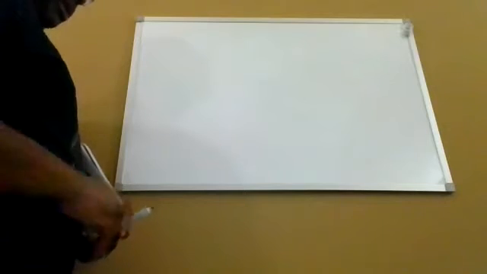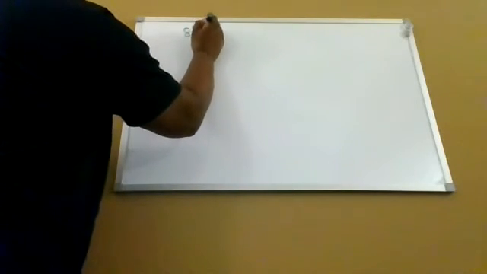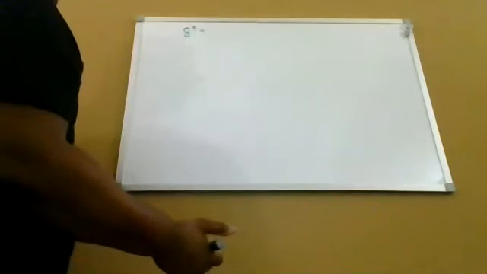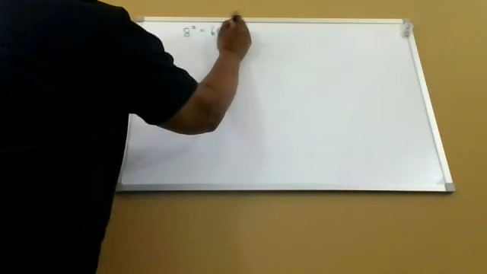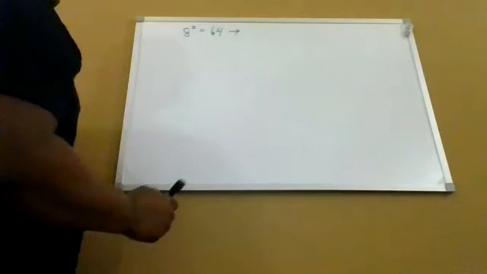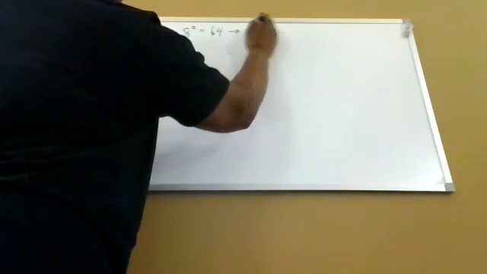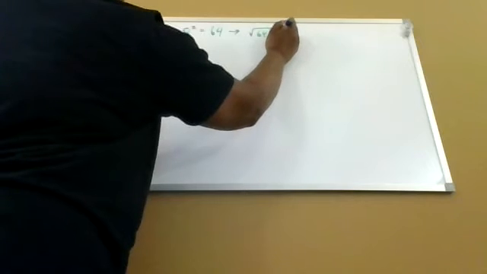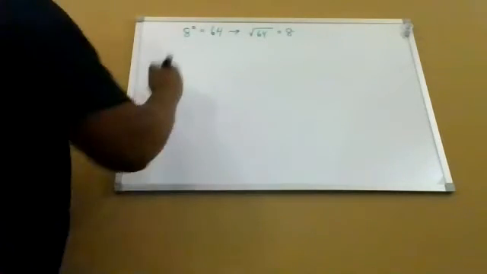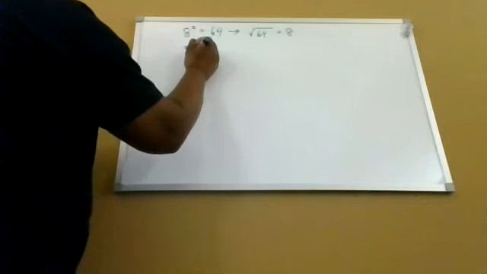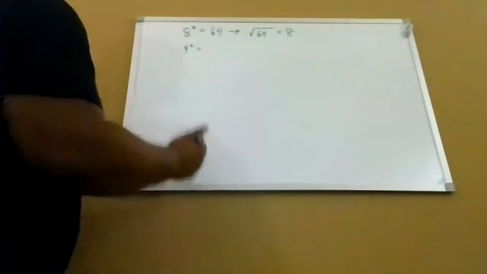Okay, picking up with 8 squared, which means 8 times 8, which equals 64. So now the square root of 64 equals 8. 9 squared means 9 times 9, which is 81.